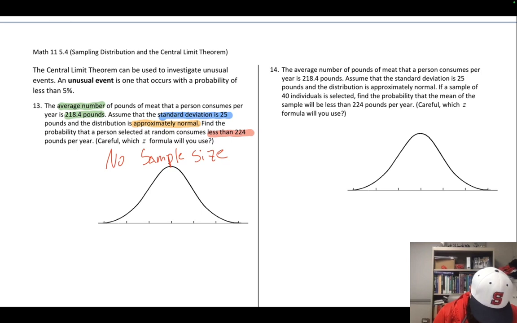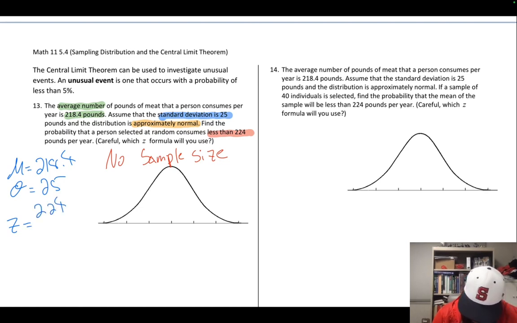So we get our mean was 218.4. Our standard deviation is 25. So then Z equals 224 minus 218.4 over 25, and that gives us a Z equals 0.22.